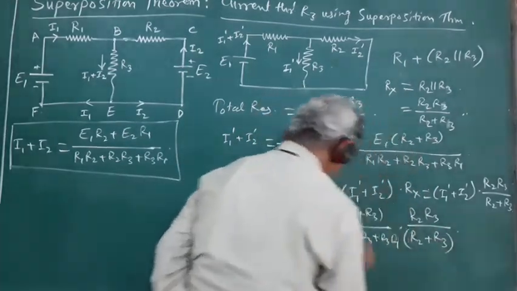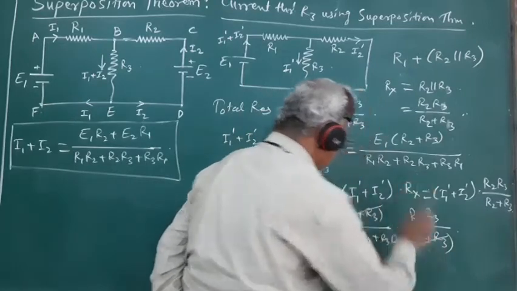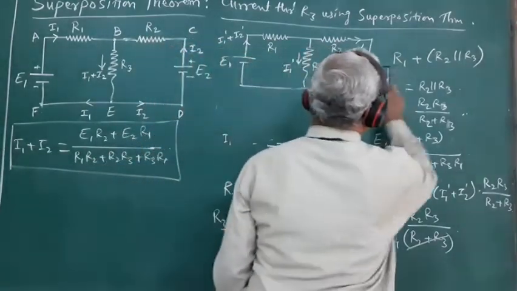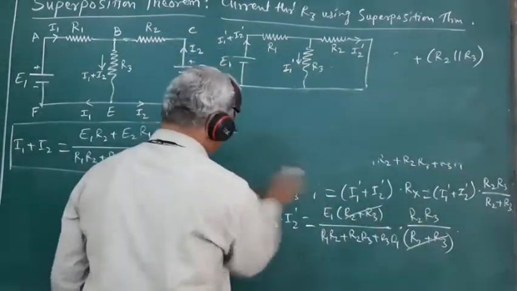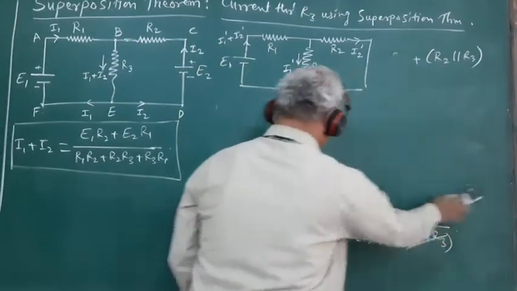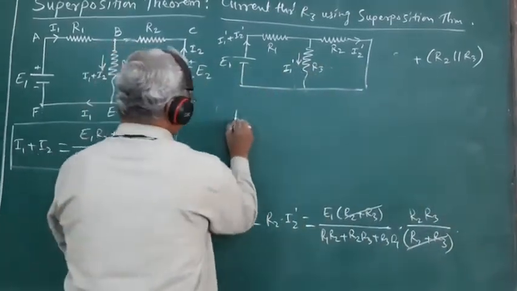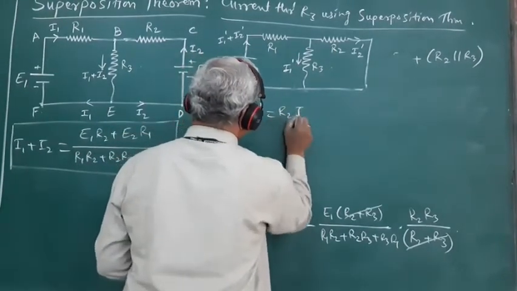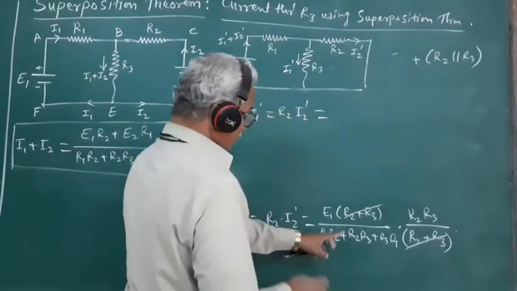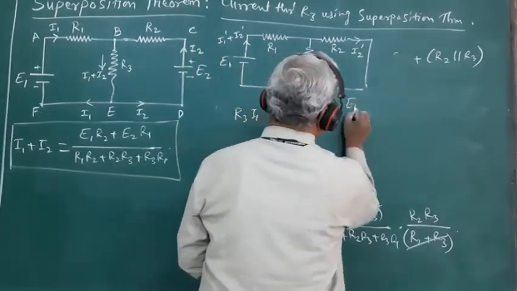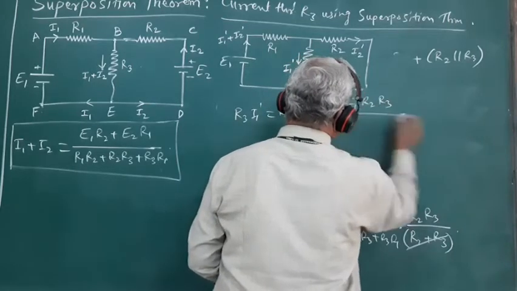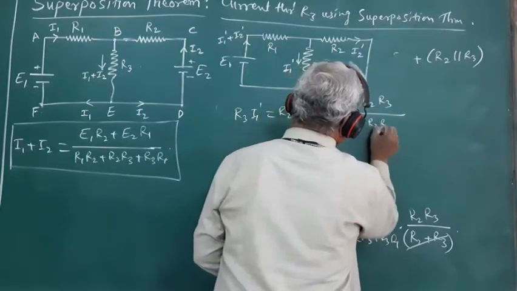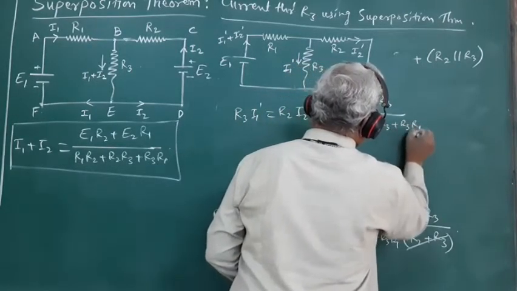So here this R2 plus R3 will get cancelled, and we get the expression like this. R3 I1 prime equal to R2 I2 prime is equal to E1 R2 R3 divided by R1 R2 plus R2 R3 plus R3 R1.